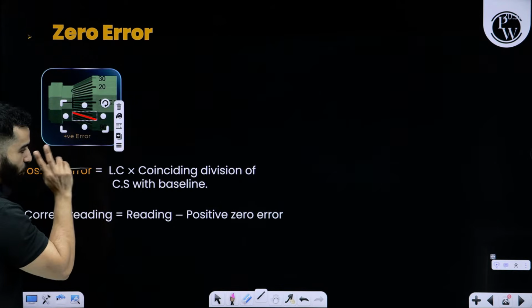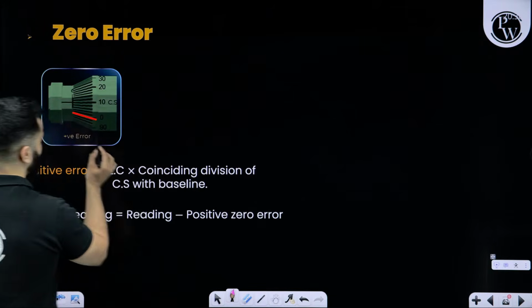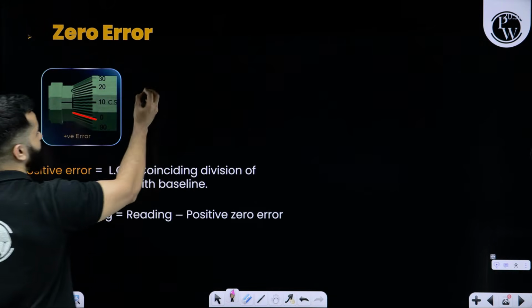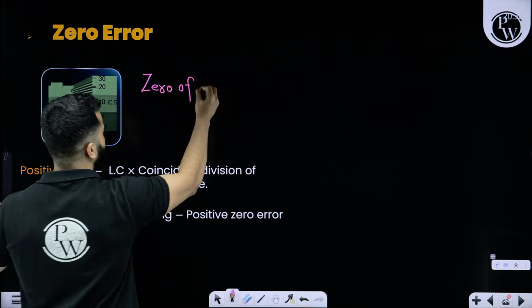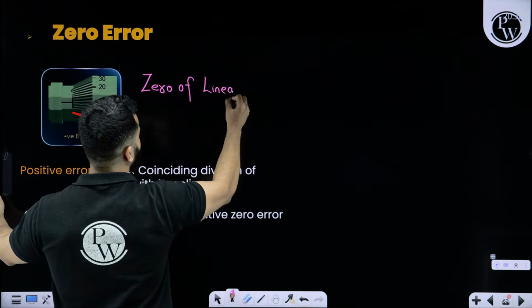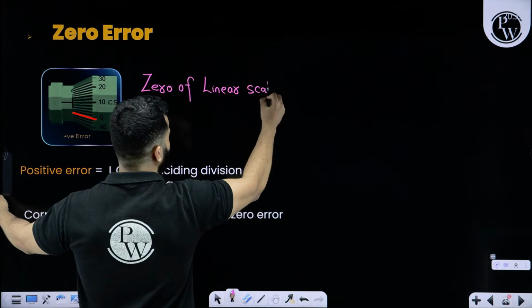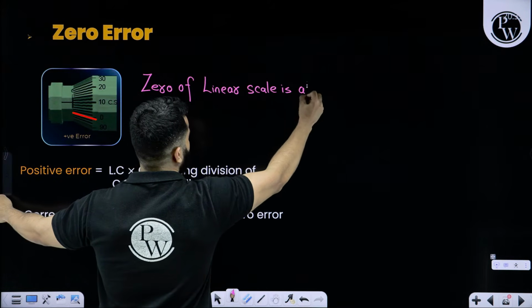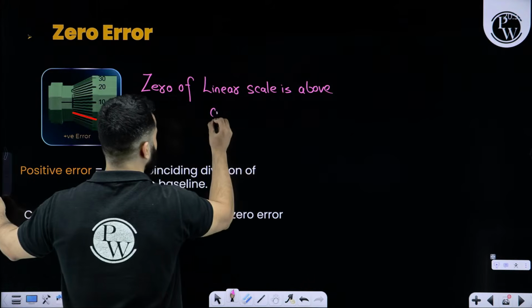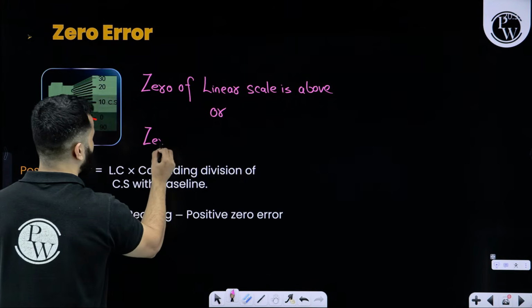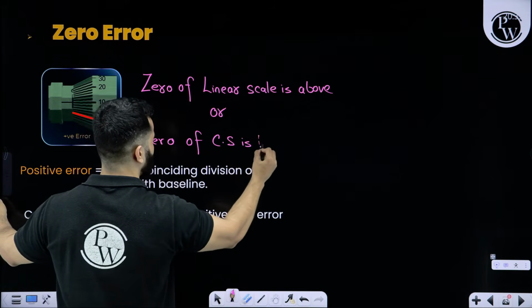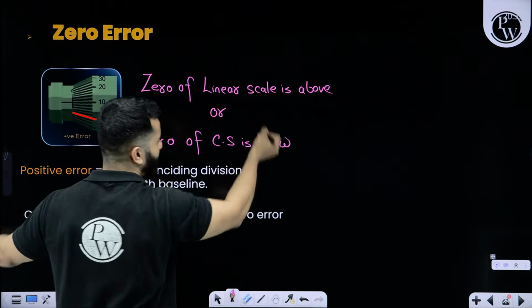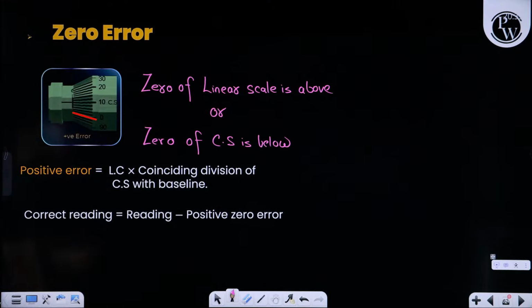There are two ways of writing it: the zero of the linear scale is above, or the zero of the circular scale is below. They are basically the same thing. Clear?